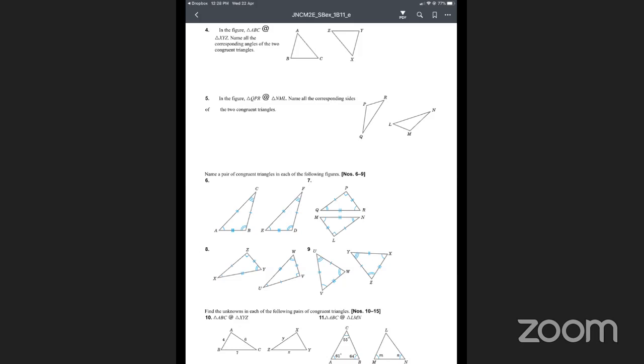Right. Now, how about question 7? Question 7, I think it is still easy to look at. First, you should be able to find which corresponds to L, P. There are several ways to find the corresponding sides and corresponding angles. First we know that P and L are in one pair. And then the second pair we can find should be M and R, by looking at this symbol.